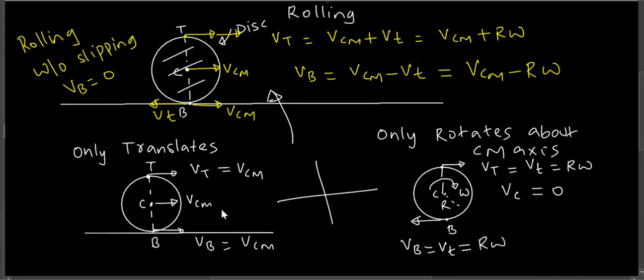Let me repeat what I just said. If we are only interested in a type of motion where rolling is happening but slipping is not taking place, the points which are touching the ground are not slipping. So if I take this point B, its velocity should be 0. If its velocity is 0, what we are saying is this Vcm must be equal to R omega.